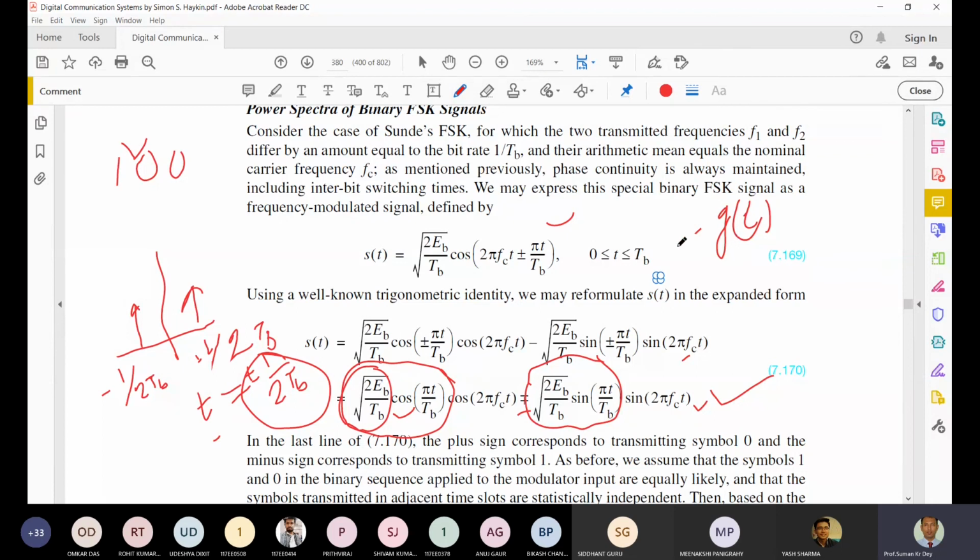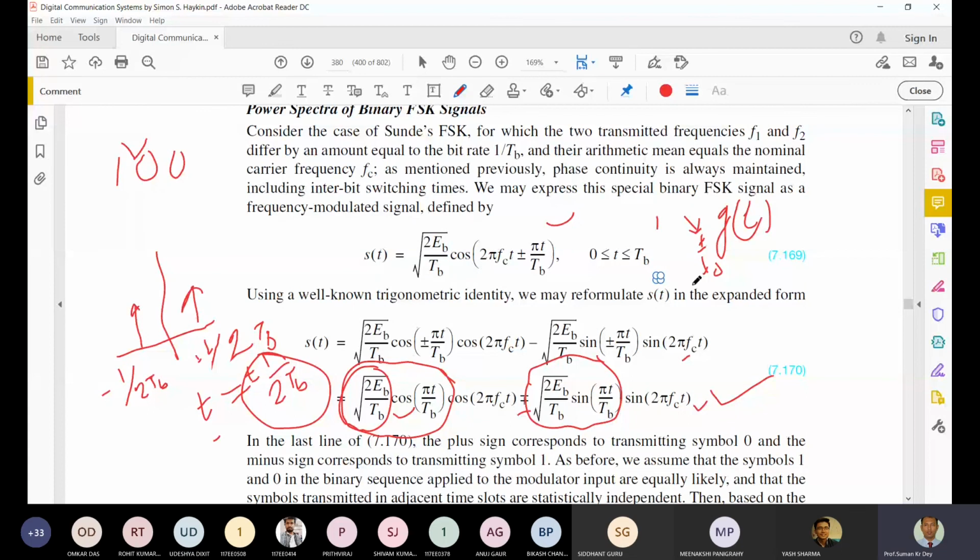So we are taking plus minus g(t), where the plus sign indicates 0 and the minus sign indicates 1.